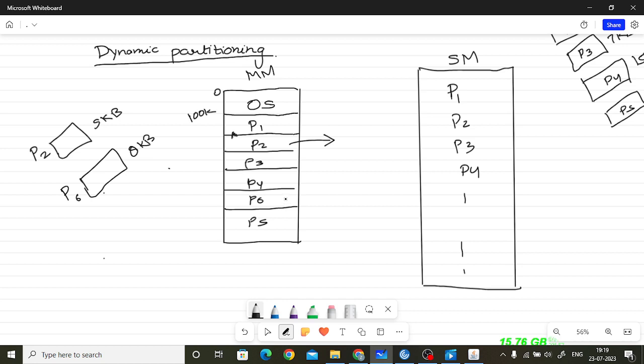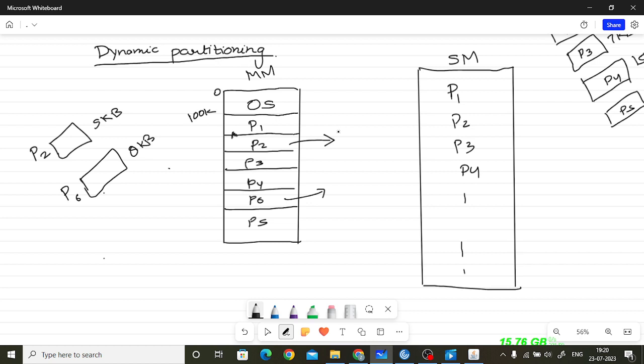The processes P2 and P6, due to some condition, are moved out from the main memory. Either they are completely executed, or a process of higher priority is there which has to be given space in the main memory.